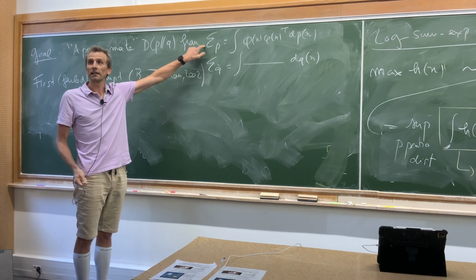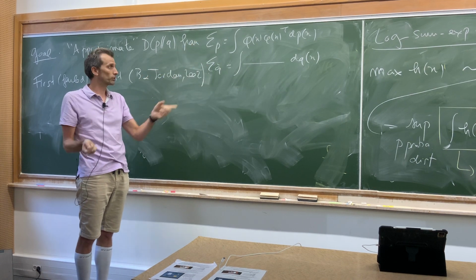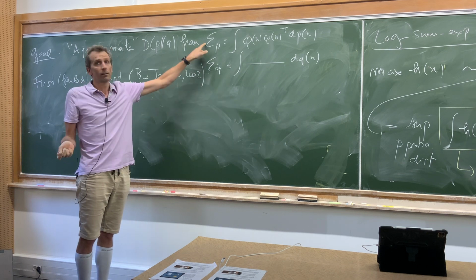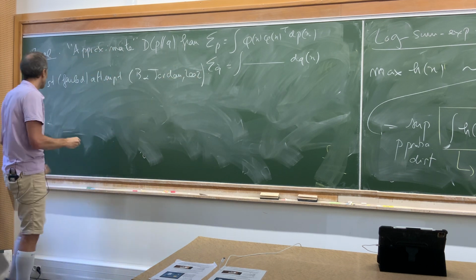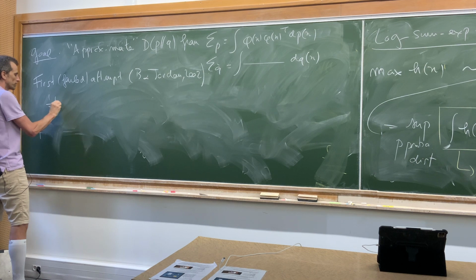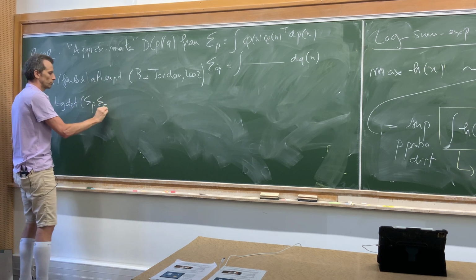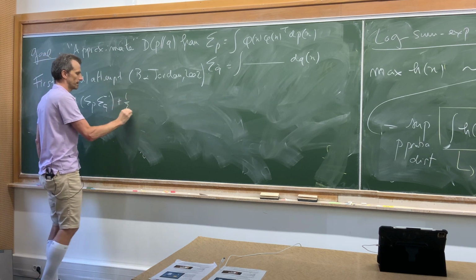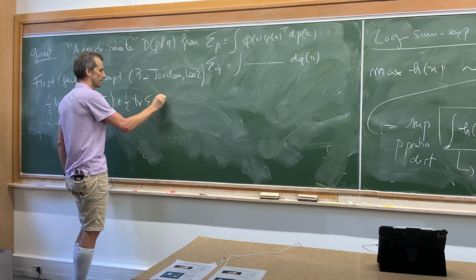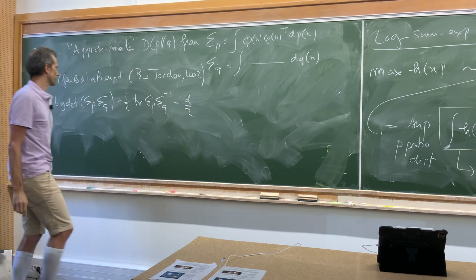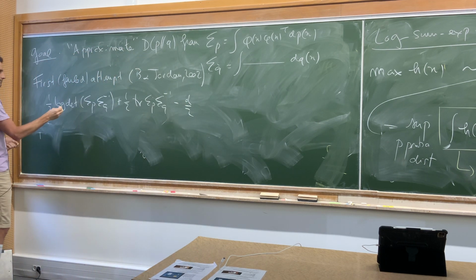Okay, so let's imagine that I have Gaussians with those covariance matrices and build the Gaussian KL for those. Okay, so the Gaussian KL will be up to a sign log det of sigma p sigma q minus 1 plus 1/2 of trace of sigma p minus 1 minus dimension over 2, and there's maybe a minus sign.